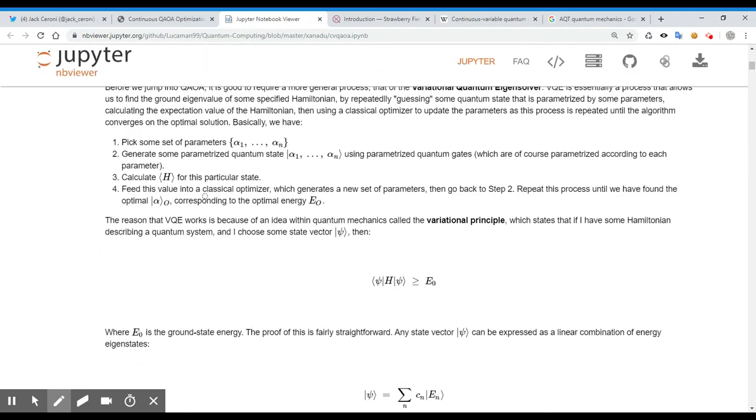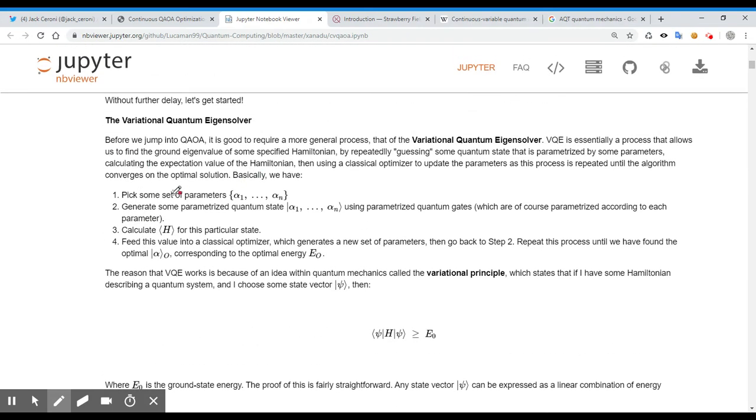So before we jump into QAOA, I'm going to read through this, be quick, and stop where I see that I'm not really getting the detail. It is good to require a more general process, that of the variational quantum eigensolver.